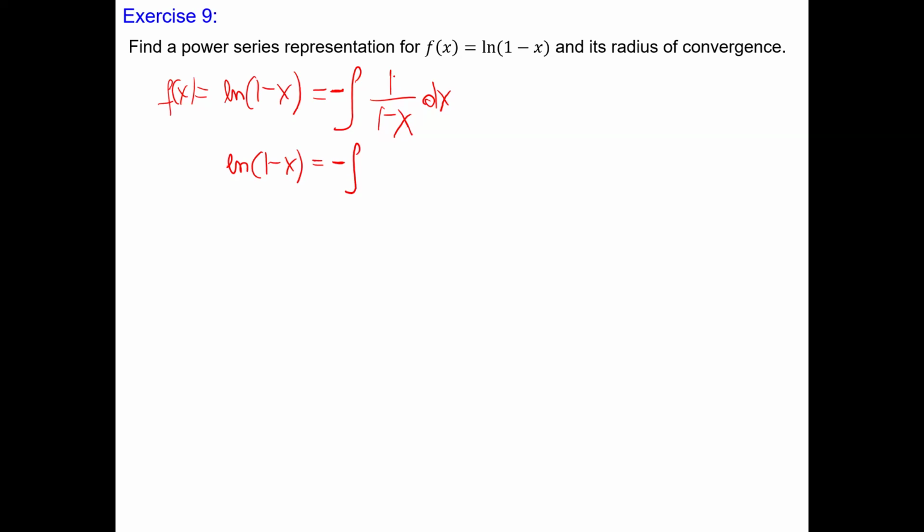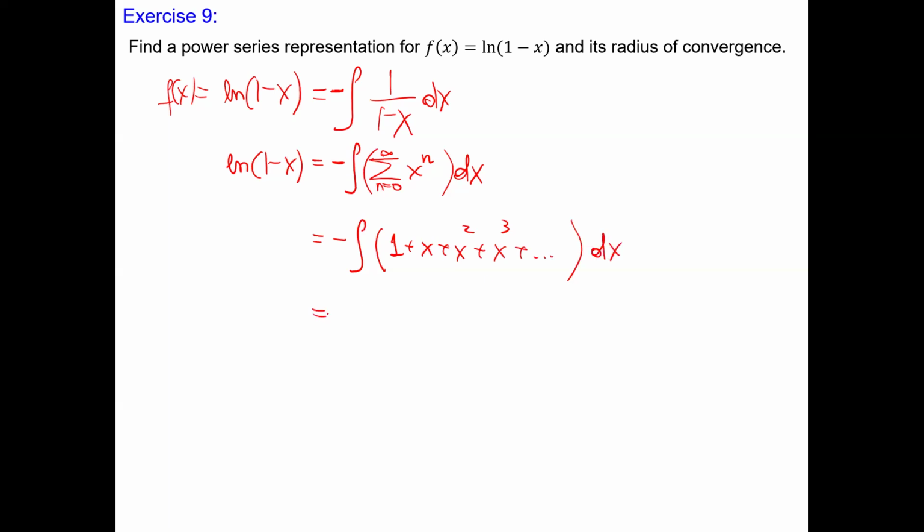The integrand, this rational function, can be rewritten as a power series, x to the power of n, starting from 0, ending at infinity. 1 plus x plus x squared plus x cubed, and so on.